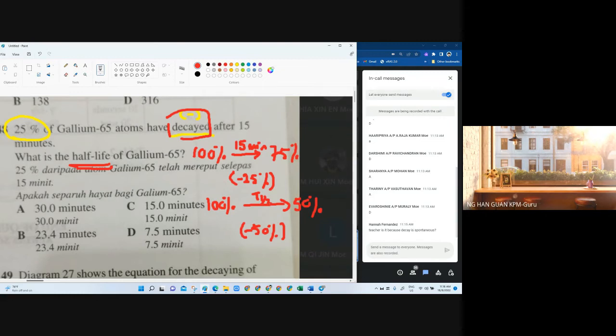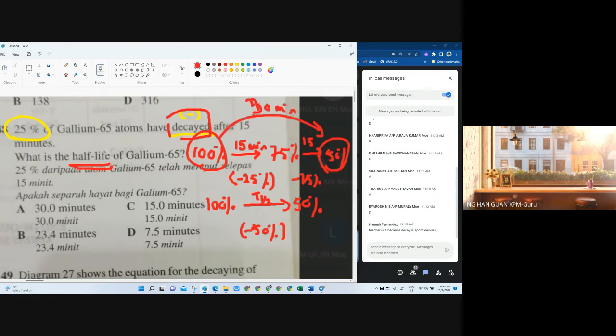For those who answered A, you thought, okay, 15 minutes minus 25, another 15 minutes minus another 25, then it will remain 50%. So from 100 to become 50, how long does it take? 30 minutes. So 30 minutes will be the half-life.